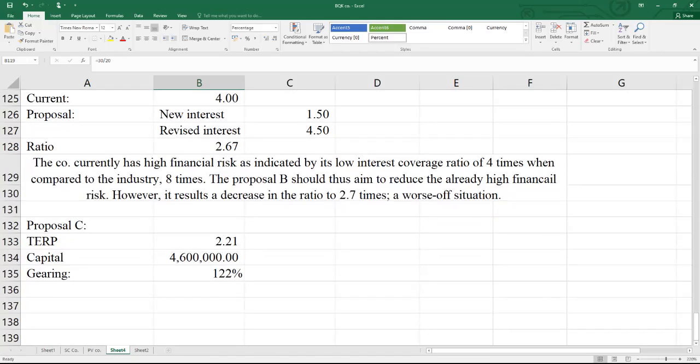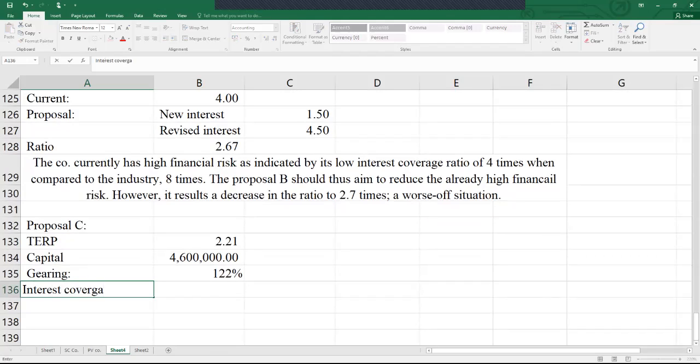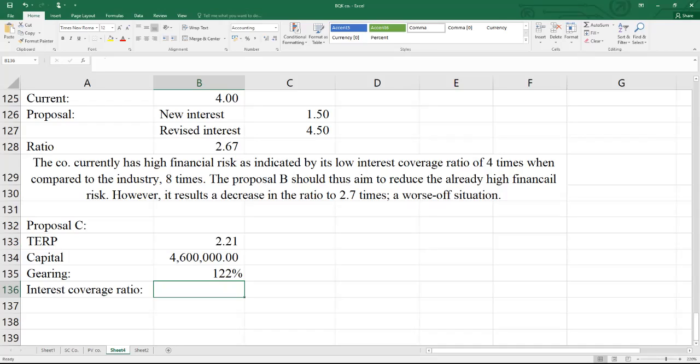Let's do the financial risk here, using the interest coverage ratio. The interest coverage ratio will be equal to, for this company, okay, it doesn't actually change. The interest the company is paying remains the same. The profit is not increasing because the company is not investing the money.